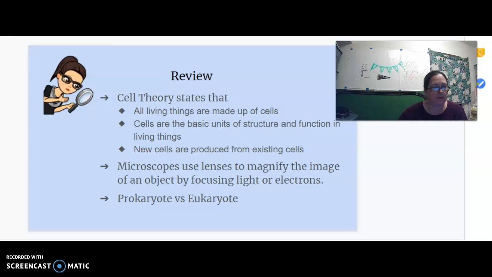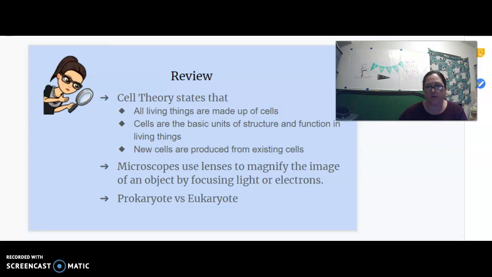All right, so let's review. The cell theory states that all living things are made up of cells. Cells are the basic units of structure and function in living things. New cells are produced from existing cells. Microscopes use lenses to magnify the image of an object by focusing light or electrons.